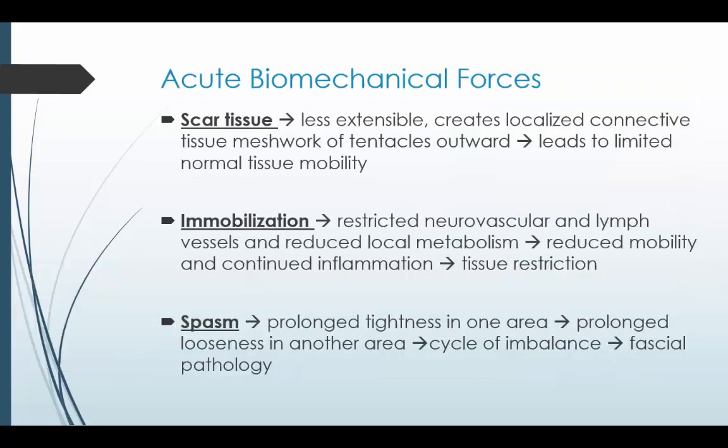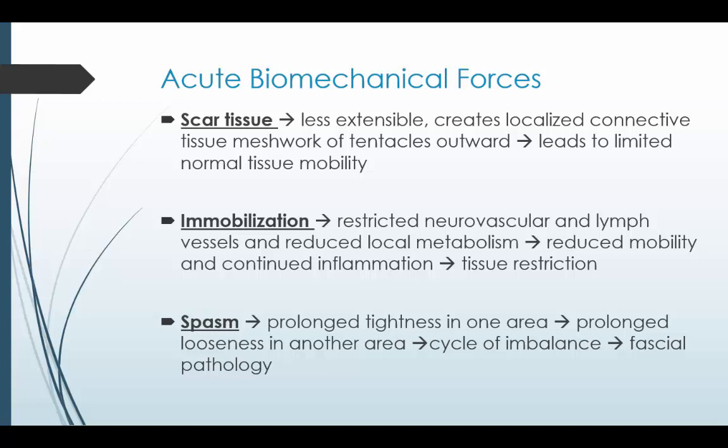Scar tissue is less extensible and creates a localized connective tissue meshwork of tentacles outward. This can sometimes look like a shattered plate glass window to adjacent locations and can limit the normal tissue mobility. From our discussion on immobilization, the scar tissue matrix can restrict neuromuscular and lymph vessels and reduce the local metabolism.